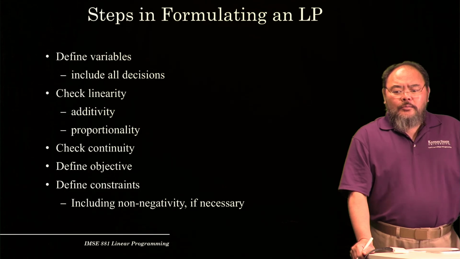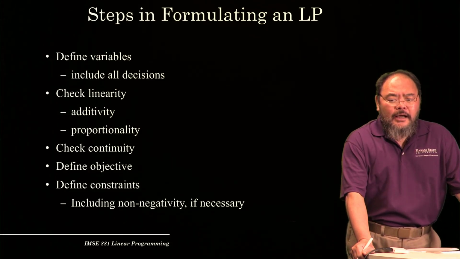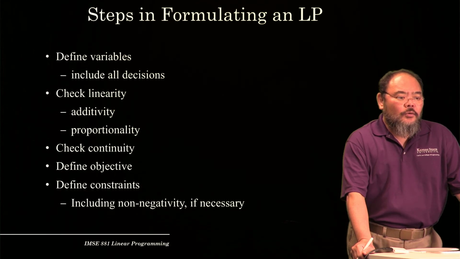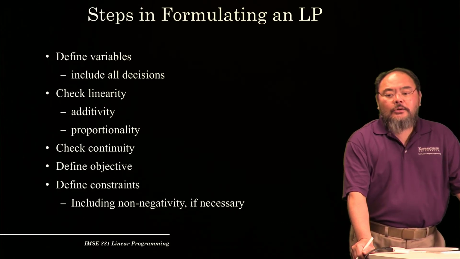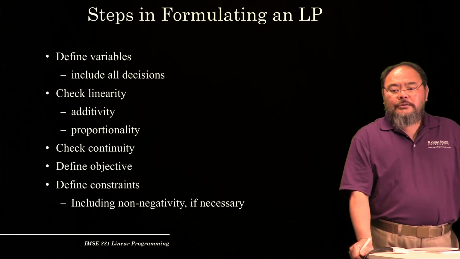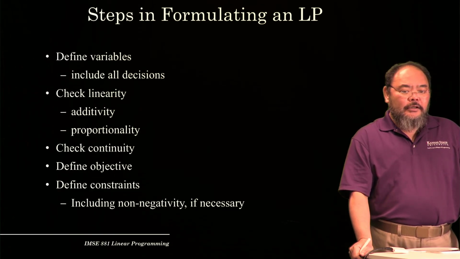If my variable can be negative, we use a variable substitution trick so that all the variables meet the non-negative requirement. So this concludes my lecture 6, and we'll see you in the next video, lecture 7.